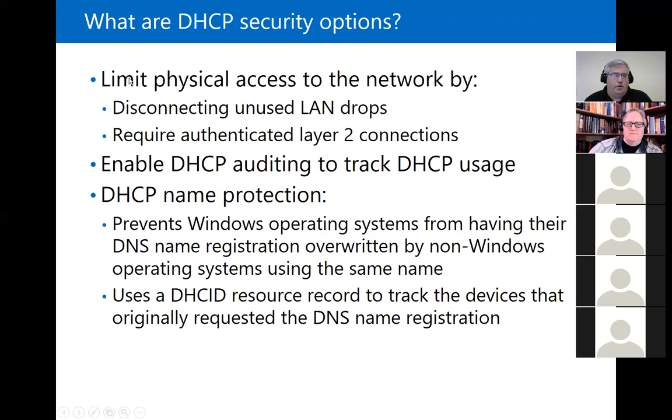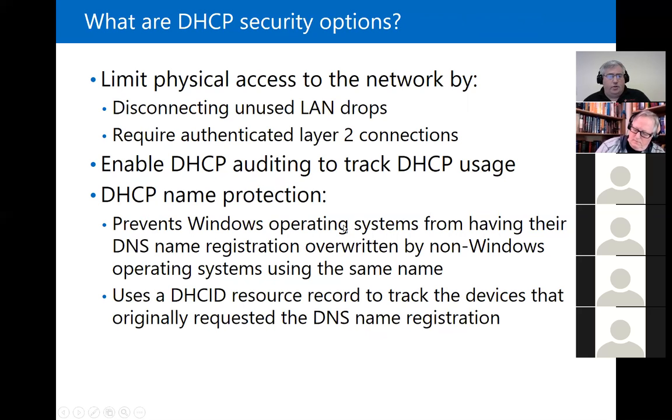So you want to limit your physical access to the network, disconnecting unused LAN drops, and require authenticated layer 2 connections. Basically securing your layer 2 networking. Enable DHCP auditing to track DHCP usage.